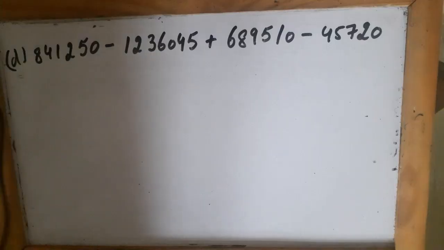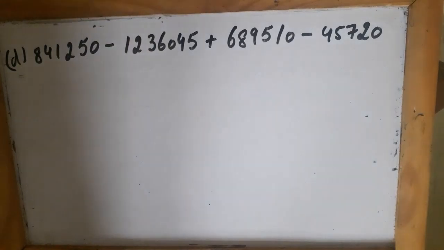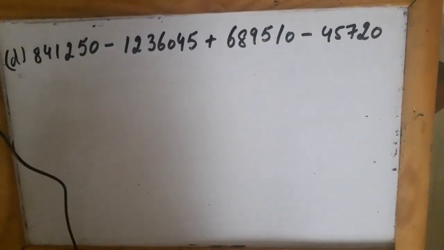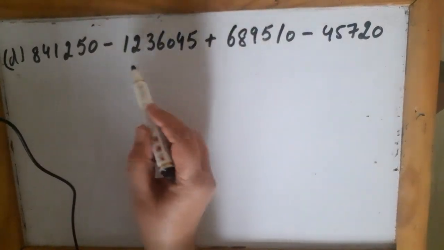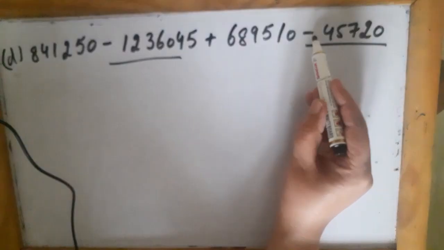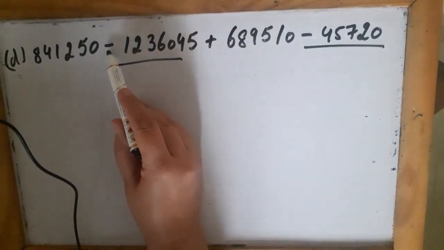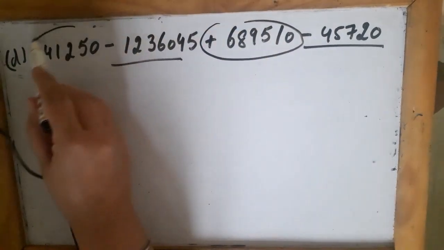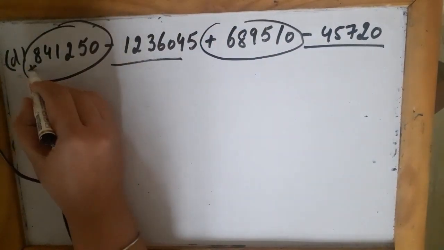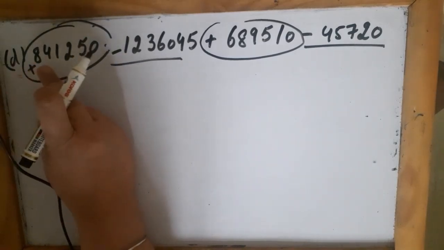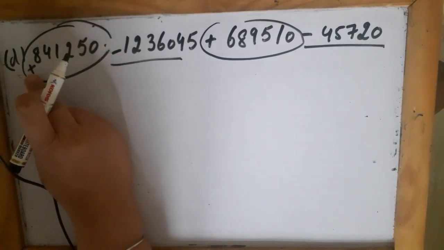So now we will solve the D part. As you know, in the C part also you had four numbers. In two of the numbers, as you can see in this question also, you have minus sign in front, and two of the numbers, this number and this number, are positive. Means if this number is not having any sign in front, it means it's positive only, plus only.